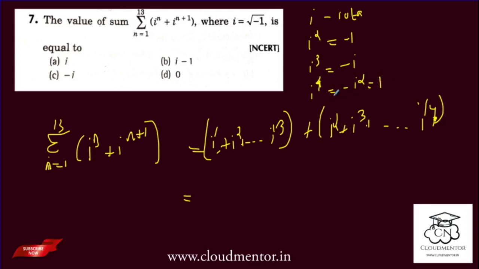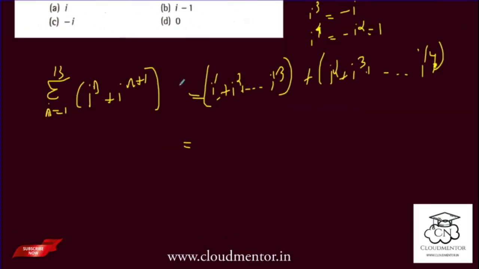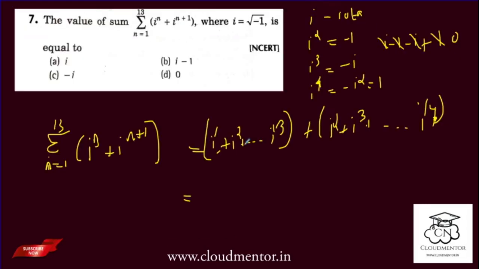If we add these four, i minus 1 minus i plus 1, plus i and minus i cancel, and minus 1 and plus 1 cancel, so we get the sum as 0. Like that, any four consecutive powers of iota sum to zero.